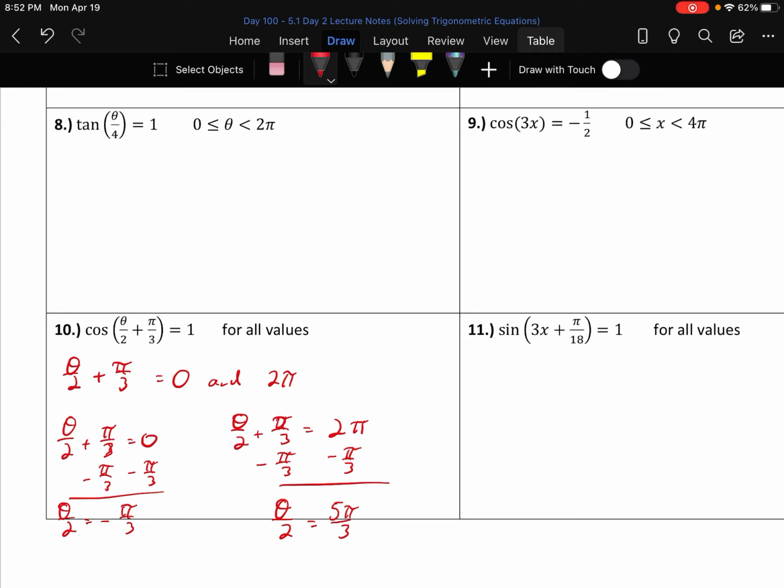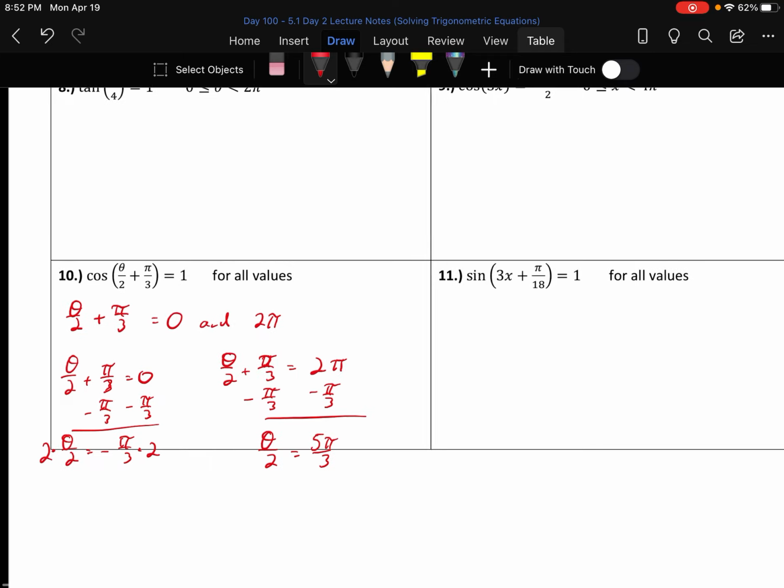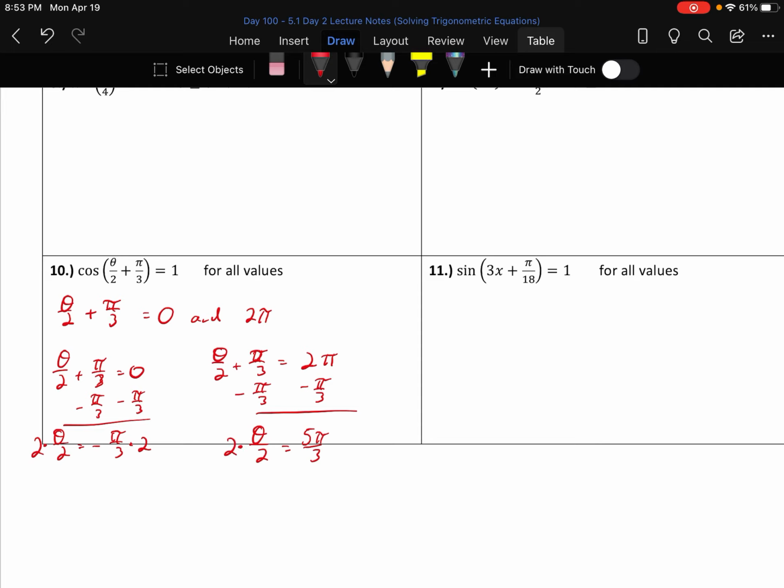We're not done yet though, because that theta variable is not by itself yet. It still has that over 2. So we've got to cancel that out by multiplying both sides by 2. Okay? Multiplying both sides by 2, and the same thing happens on this equation because it's also theta over 2. So we end up with theta is equal to negative 2 pi over 3.